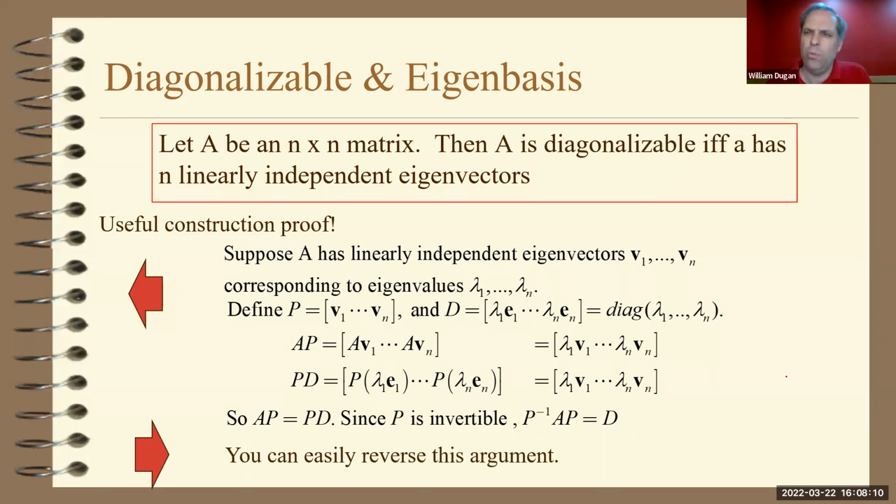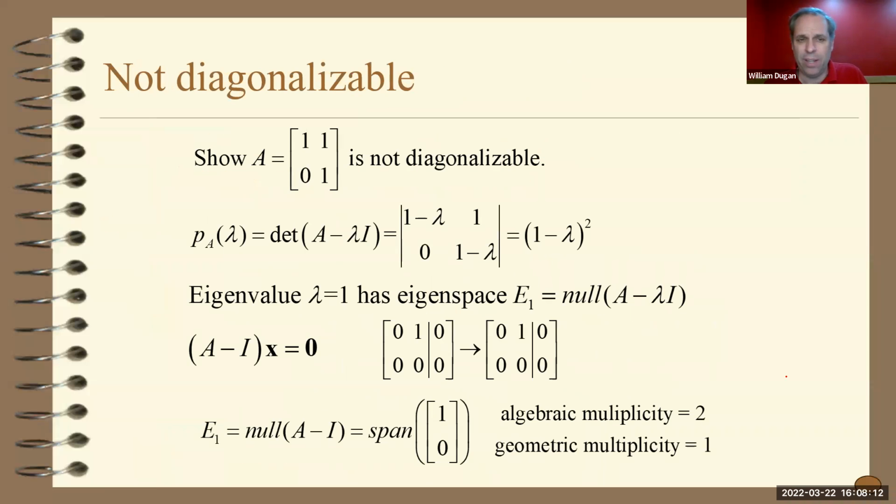I just want to show you how to use it really quickly. So this matrix here, the matrix 1, 1, 0, 1, is not diagonalizable. It is not similar to a diagonal matrix. I write down the characteristic polynomial like we always do to get (1 minus lambda) squared.